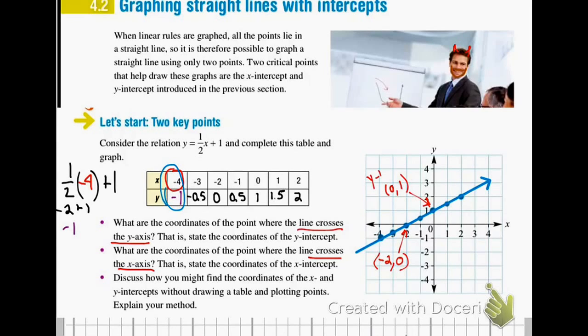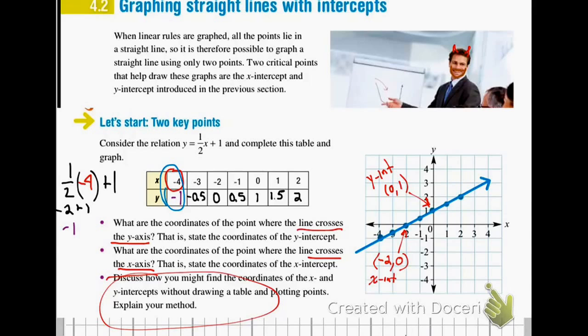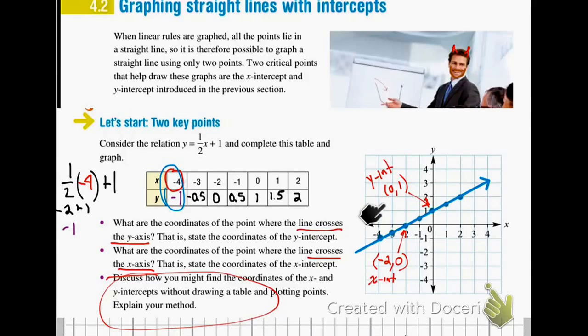Now what they're asking is, how might you find the x and y intercept without drawing a table and plotting points? And this is the key here. What you need to notice in order to figure this out is that where the y-intercept is, you have an x value of 0.